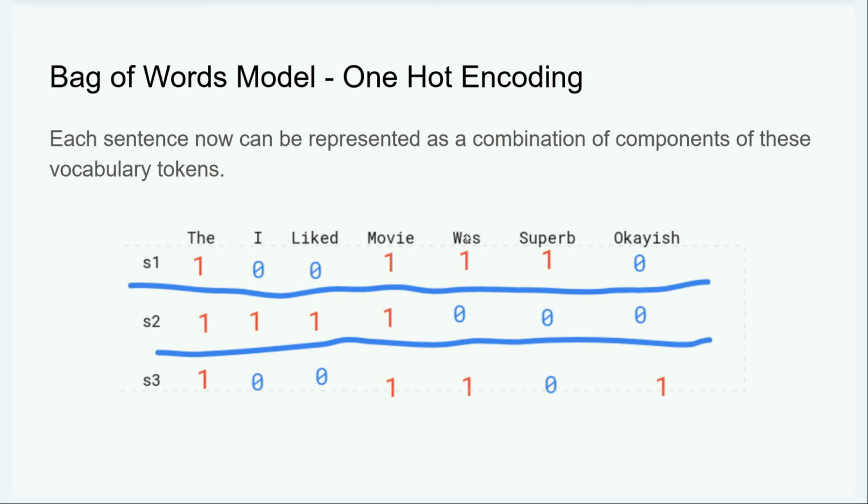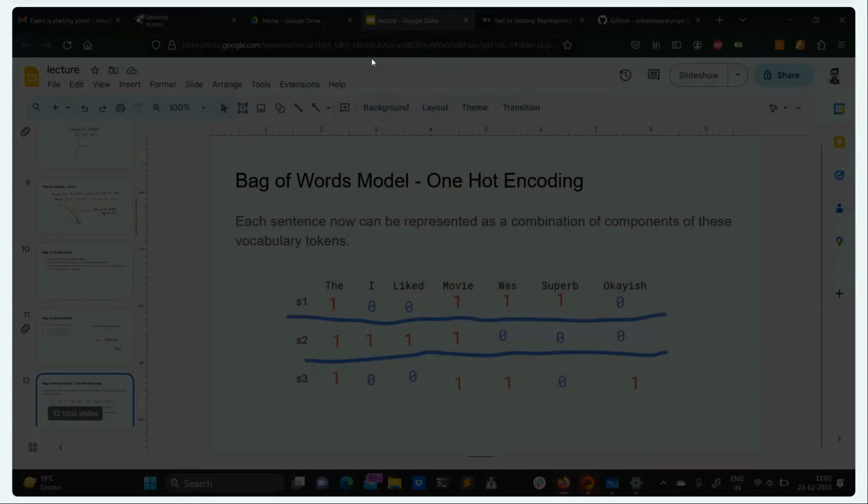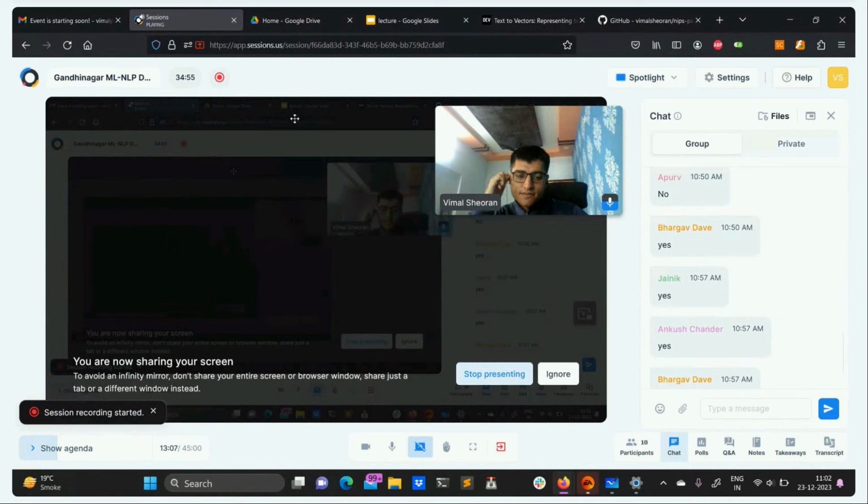You had was, so magnitude is 1. You did not have okayish, so magnitude for that is 0. Similarly, for the second sentence, "I liked the movie," you have magnitude for I, liked, the, and movie, and no magnitudes for the other 3. So this is how the bag of words model works to represent your text as a vector. Did you understand this?